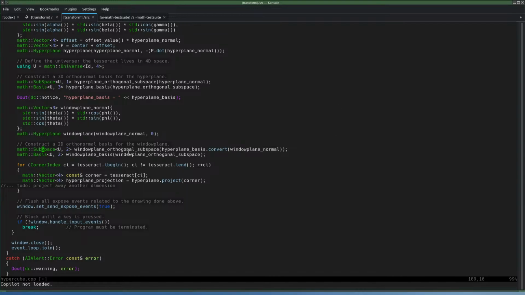And the other one is, yeah, the hyperplane normal. So I guess you just have to pass both, and it shouldn't matter in which order. But the hyperplane normal is the other one. So it's more like this.